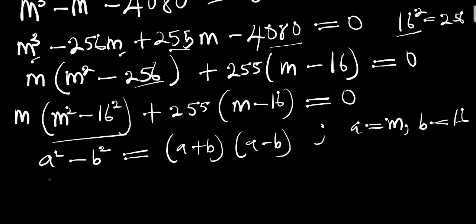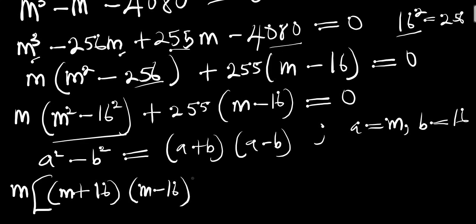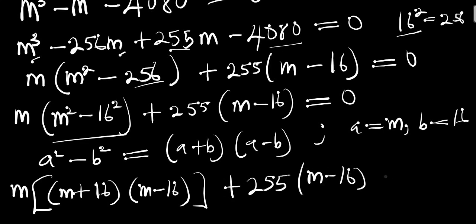So let's go ahead and do that. We are going to have m into, let's make use of square bracket, a plus b, m plus 16, then we have m minus 16, plus 255 into m minus 16, and this equals 0.